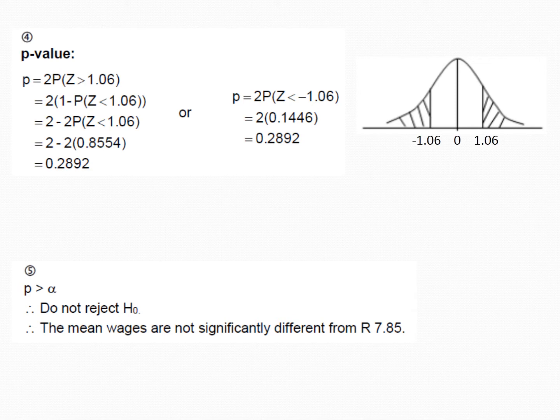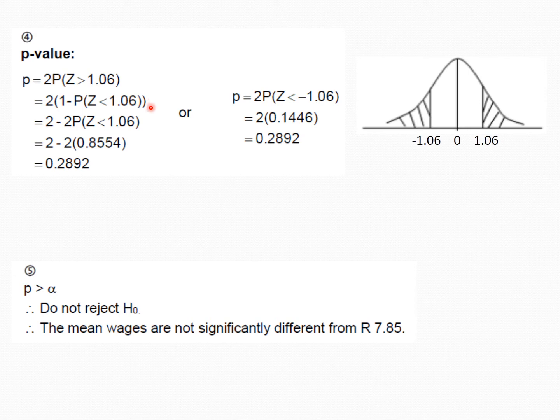So the p-value will be equal to 2 times the probability that Z is more than 1.06, or p is equal to 2 times the probability that Z is less than negative 1.06, since we are looking at that area and that area in a two-sided alternative hypothesis.